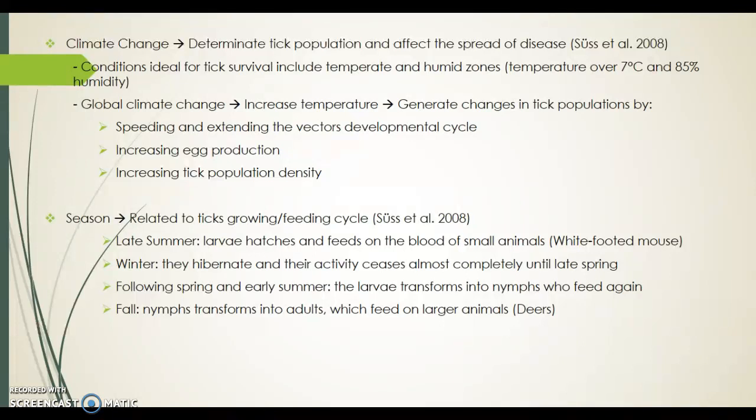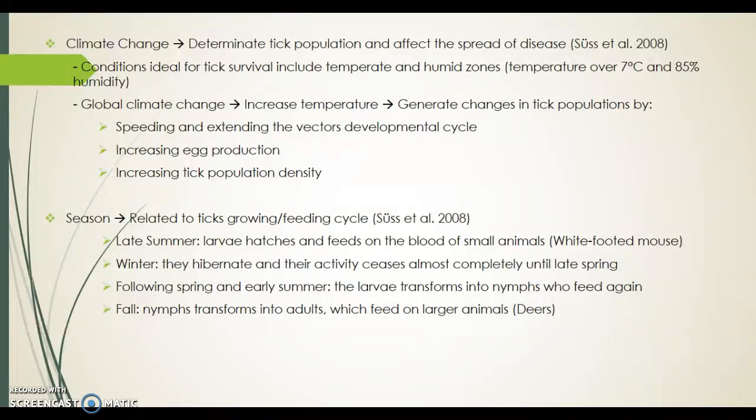So season, basically this one is related to the tick's development or feeding cycle. We'll see a graph later on, but for example, in late summer is when the larva hatches and feeds on the blood of small animals, in this case the white-footed mouse. Usually in winter they hibernate and their activity ceases almost completely, at least until late spring.